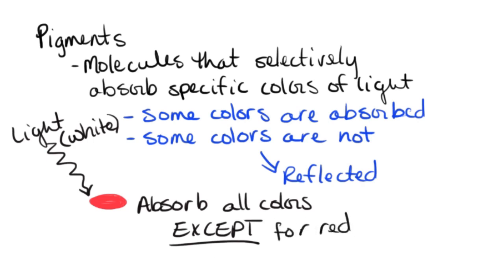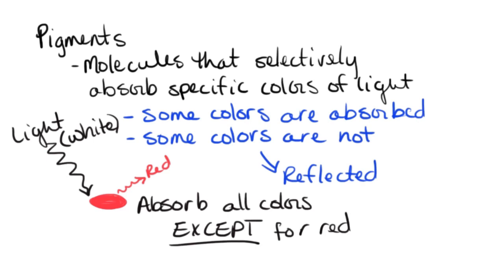So the color that we see, if we look at that pigment and it looks red, means that red is the color that is not being absorbed. All the colors are being absorbed except that the red is basically bouncing back off. And since the red is bouncing back off, when we look at that molecule, red is what we see.